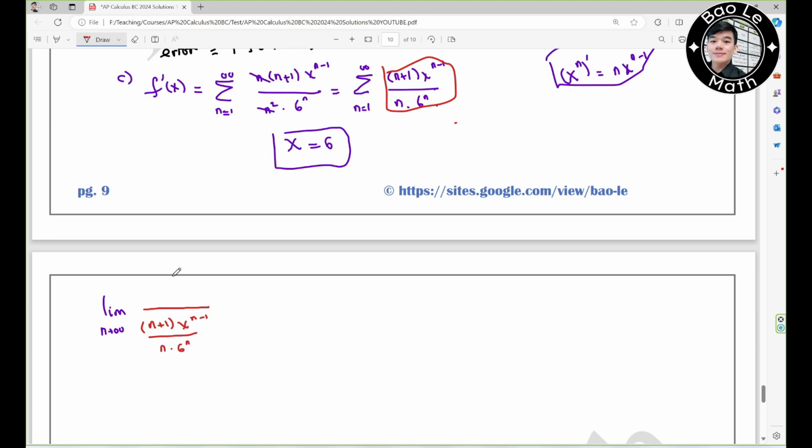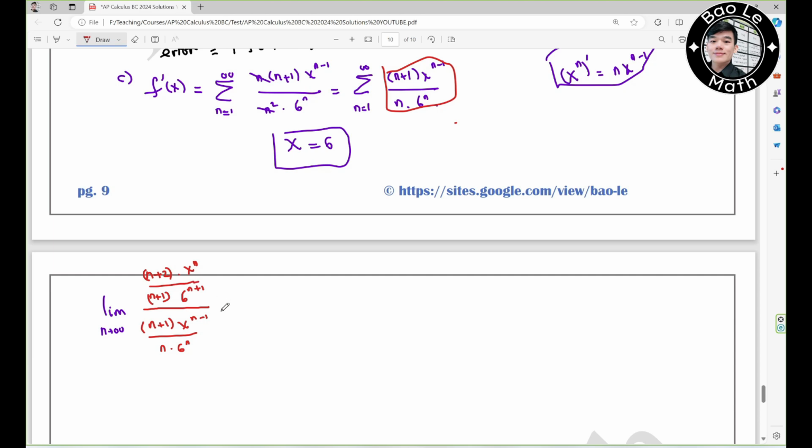Now on the top, we just replace every single n right here with n plus 1. So this guy right here turns out to be n plus 2 times s to the n over n plus 1 times 6 to the n plus 1.